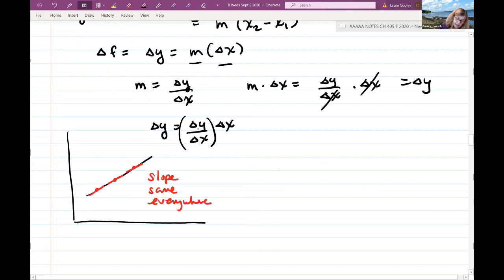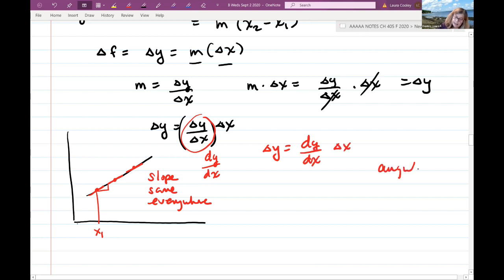That means that this delta y over delta x at x1 is actually equal to the derivative dy dx. And that derivative is constant. So delta y equals dy dx delta x anywhere for a linear function. And that's because this dy dx doesn't change. So whatever delta x you have, you multiply by the slope, which is really the same everywhere. That gives you the change in y.